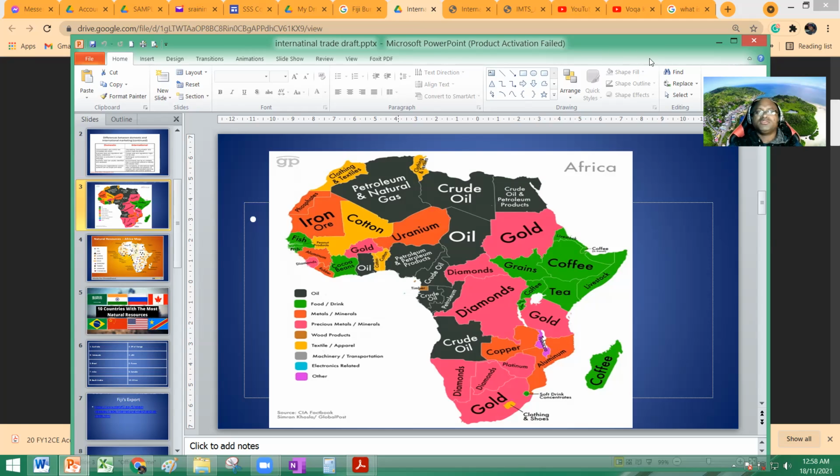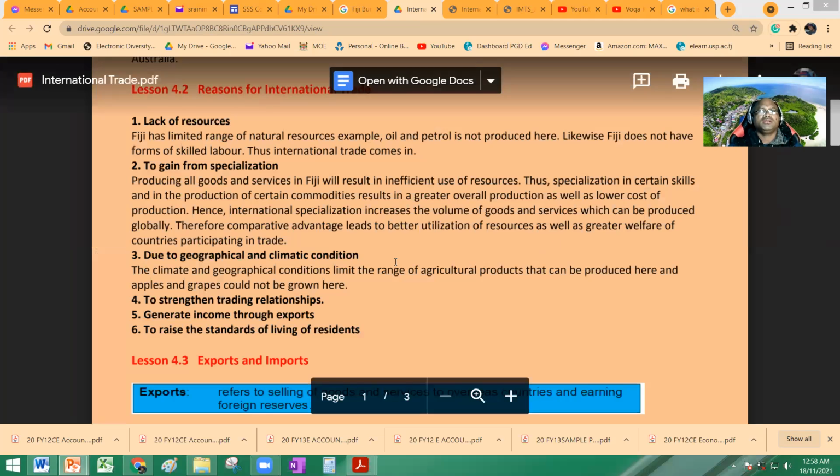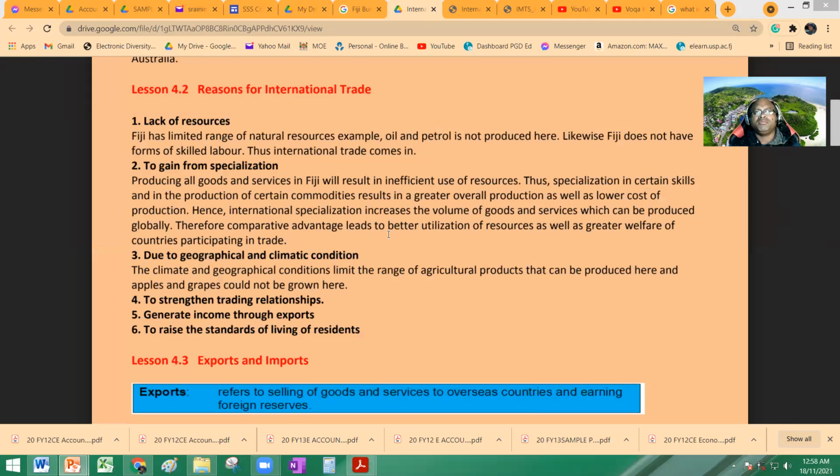Next, to gain from specialization. Specialization here means to be able to produce what your country is best at producing compared to another country. So we have the resources to produce sugar. We have the resources to produce fish because of our ocean and some other resources that we have.